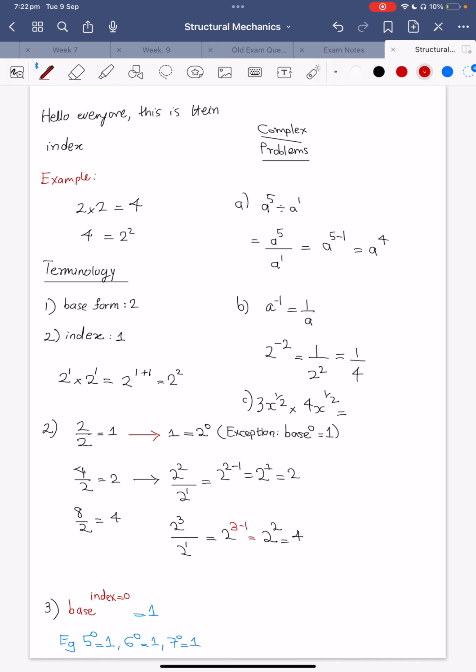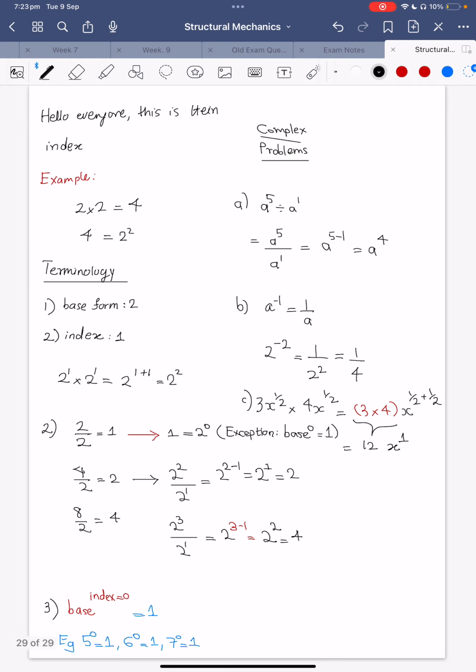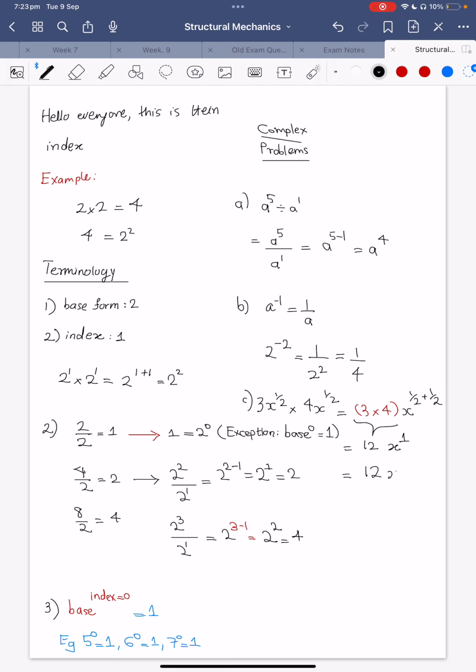So you can think of 3 times 4 because they are numerical. But in terms of base, because it is the same base, different index, and they are multiplied, we need to add the indices together, right? So 3 times 4 is 12. And if you add together the halves, it will give you 1, right? So if you further simplify, 12x, that's it.